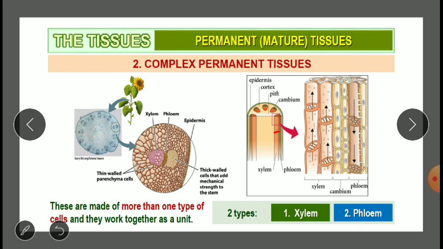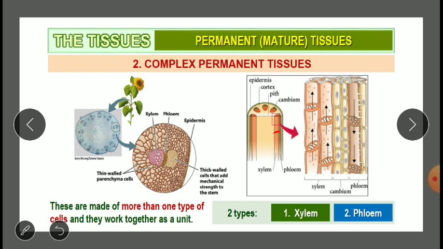In the permanent tissues, we saw that there are two types: simple permanent tissues and complex permanent tissues. Among the simple permanent tissues, we studied three types, that is parenchyma, collenchyma and sclerenchyma.